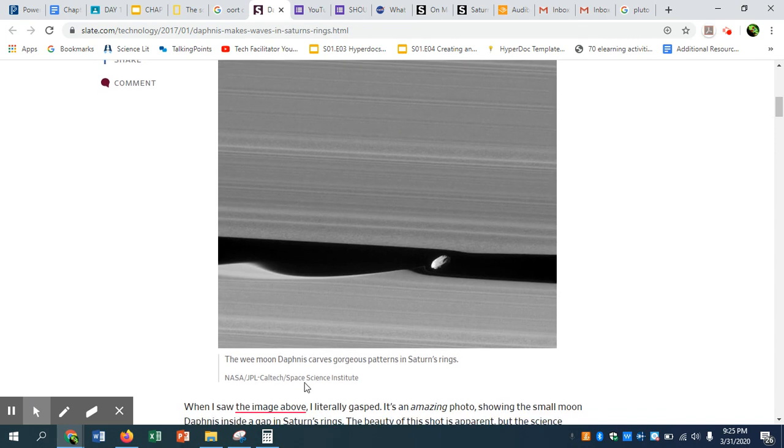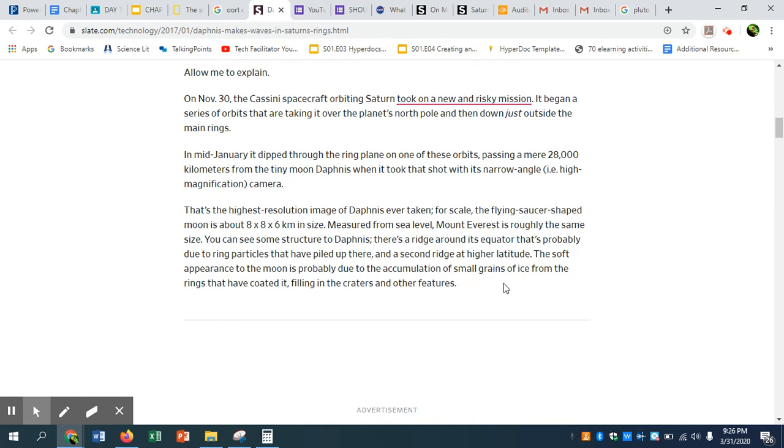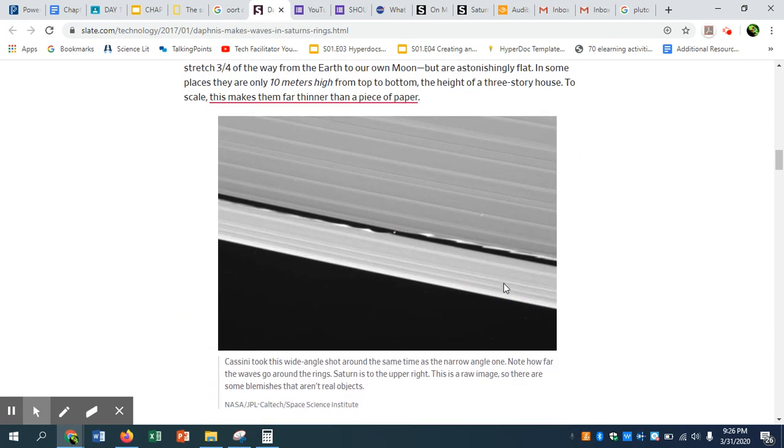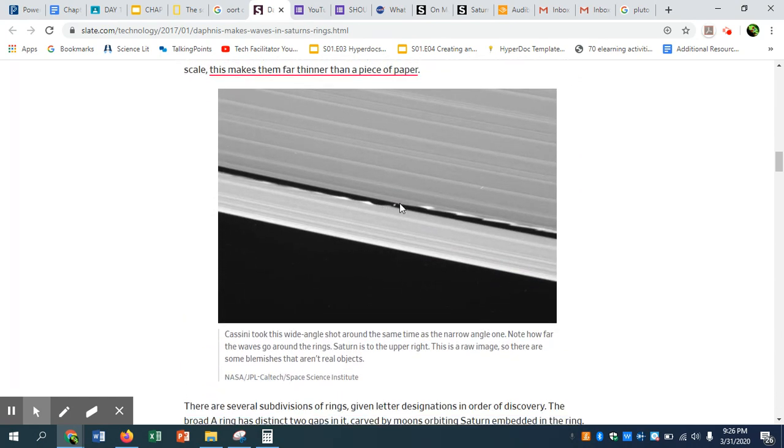And you can see as it moves through one of the gaps in the rings, it makes these waves. And then after it passes through, the gravity of Saturn calms down those waves and it gets straight again. But these are amazing pictures here of, here's a further away shot of the moon traveling through one of the gaps in Saturn's rings and all these waves that it's forming.